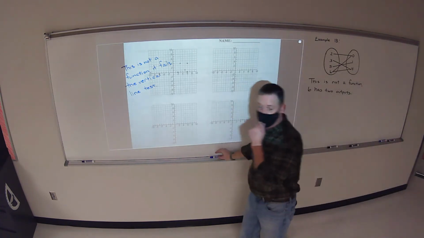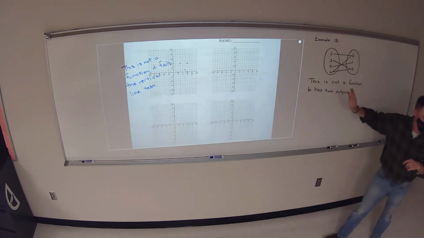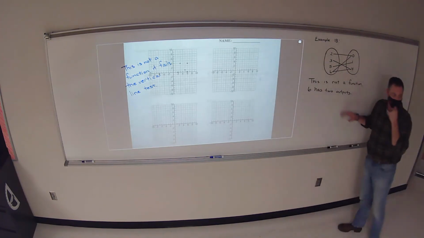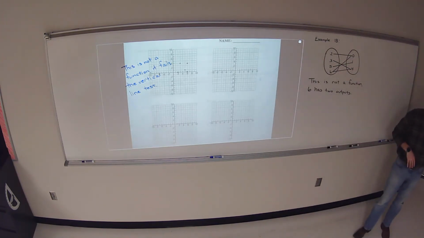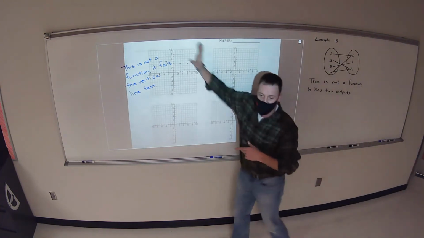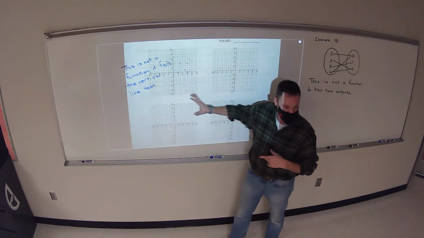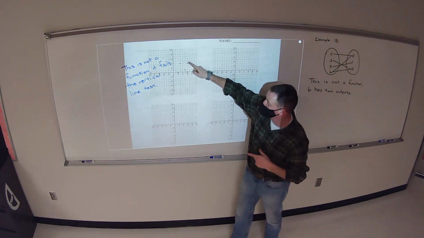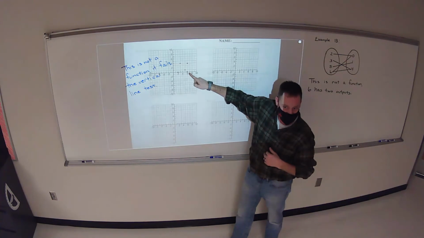Now, the reason I have both of these up here together is to see that we can have two different explanations that both work. But I also want to show you the connection between these. This is why the vertical line test works. Where on this graph did we run into problems? Right here, right? So where is that on the x-axis?